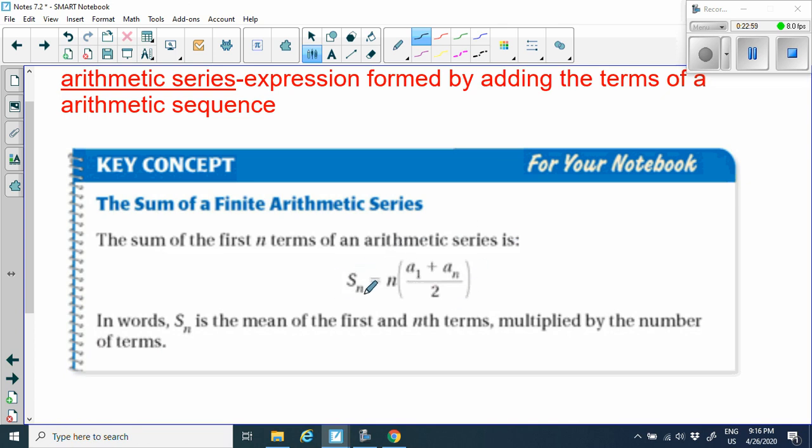So we have S sub n. S represents sum. N represents basically the number of terms, okay, equals n times a sub 1. Remember, a sub 1 is your first term, plus a sub n, which is your last term, divided by 2, okay? So n represents the number of terms you're adding together.